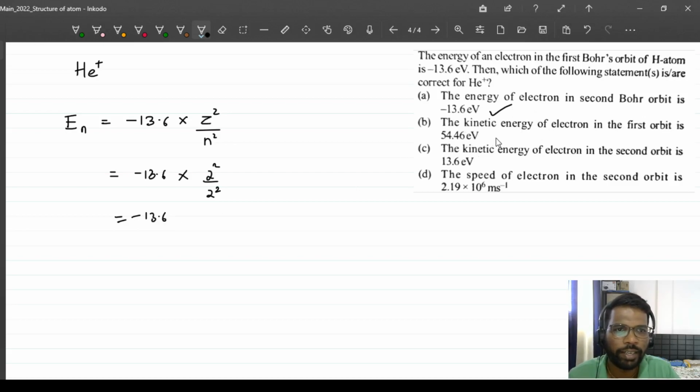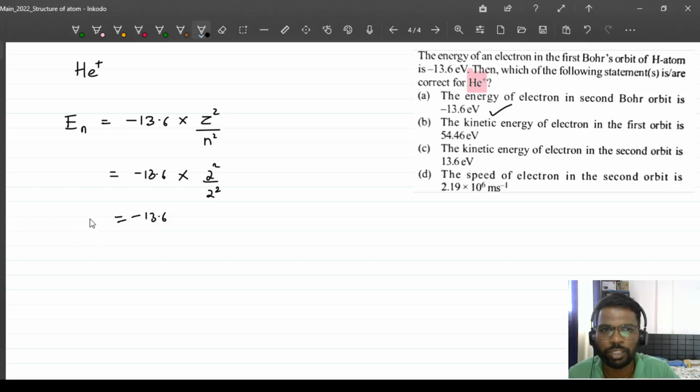The kinetic energy of the electron in the first orbit. Now we are talking with respect to the helium plus species. So the kinetic energy of the electron in the first Bohr orbit is minus 54.